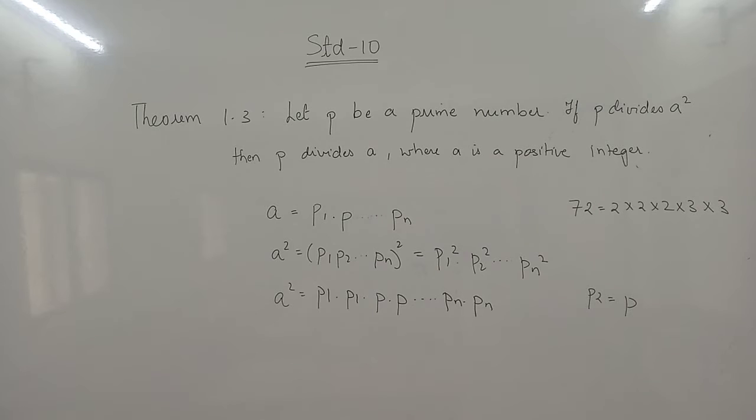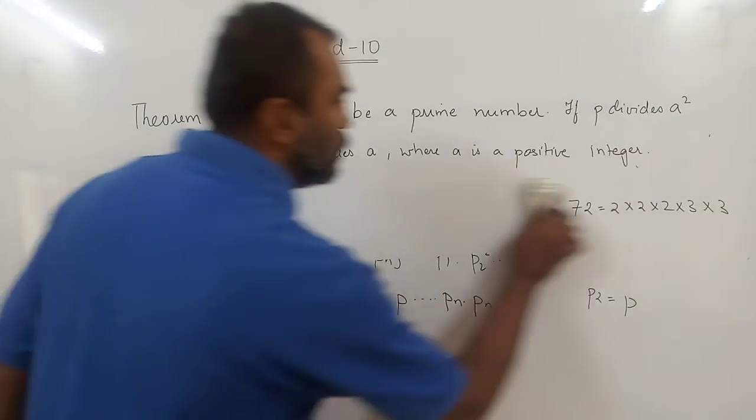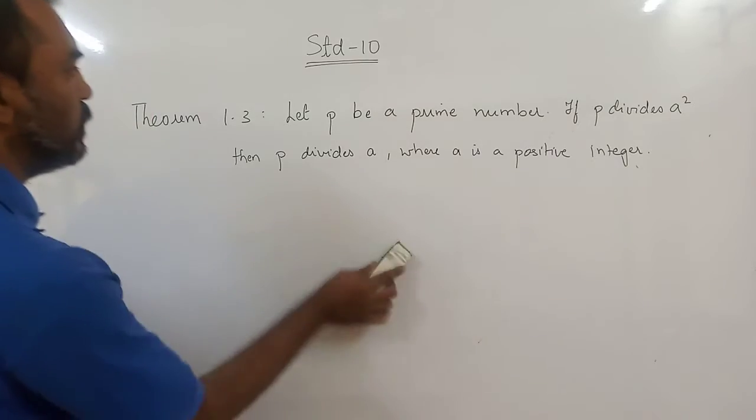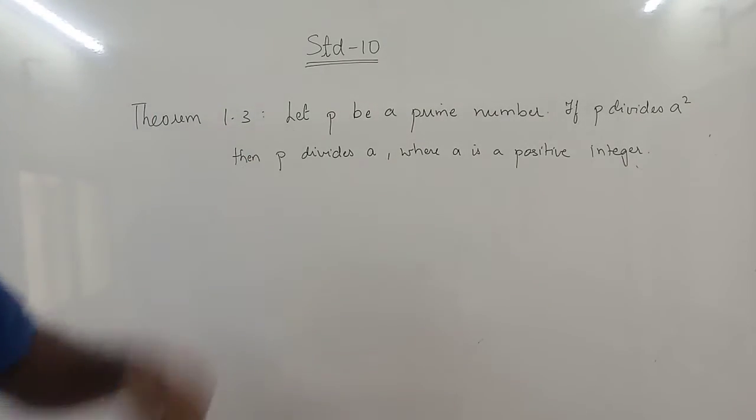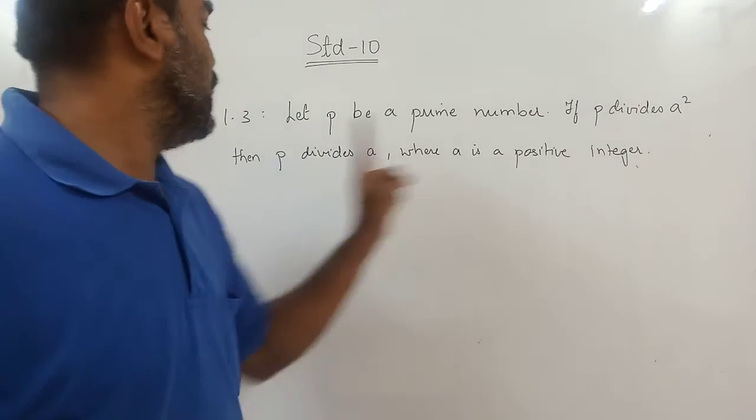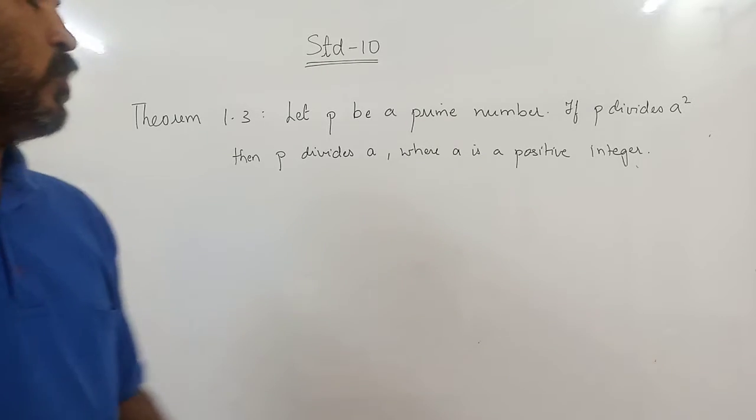Now in the 9th standard you learned that root 2 is an irrational number. Why do we call root 2 an irrational number? Because when we find the square root... are you following what I am trying to tell you? So we have done this theorem till here. Now we are going to make use of this theorem, so remember it well. What is this theorem stating? If P is a prime number, if P divides A square, then P divides A also.